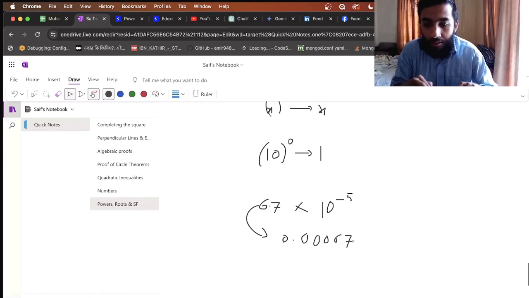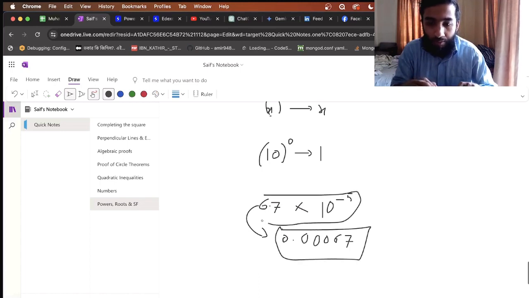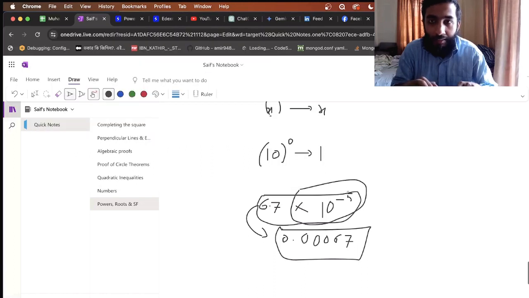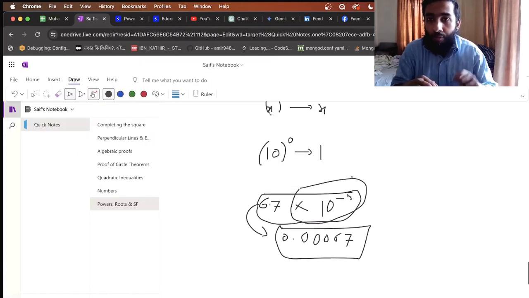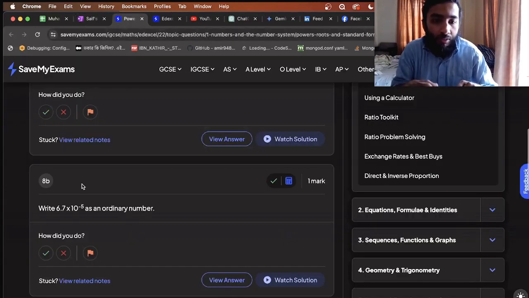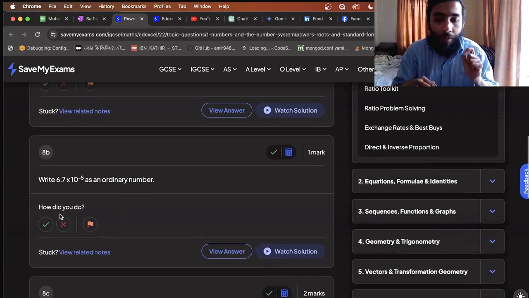So this is the original form of this standard form expression. Any number that has a 10 base power multiplied is a standard form expression, and any number in its original form is the ordinary number. So this is the ordinary number of 6.7 multiplied by 10 to the power minus 5.